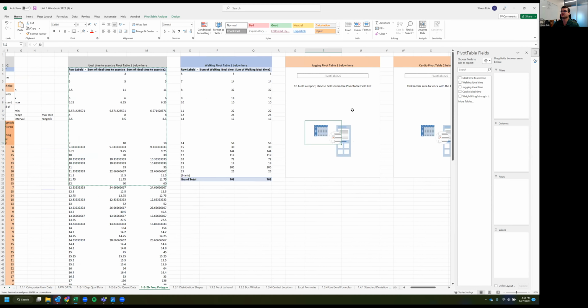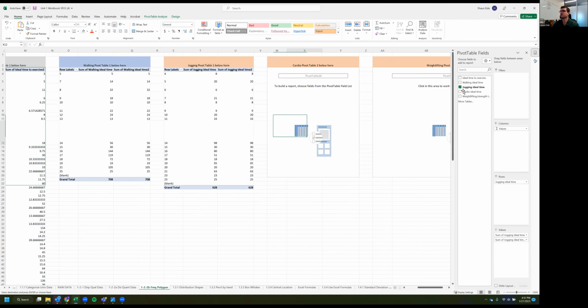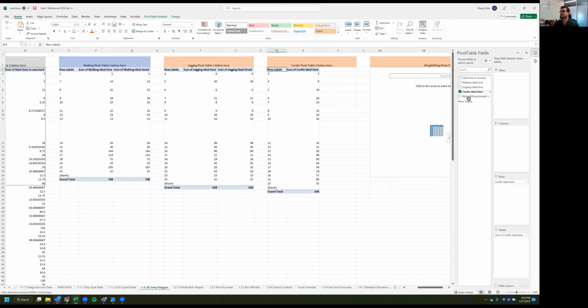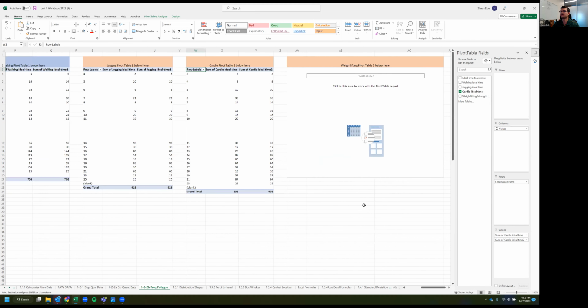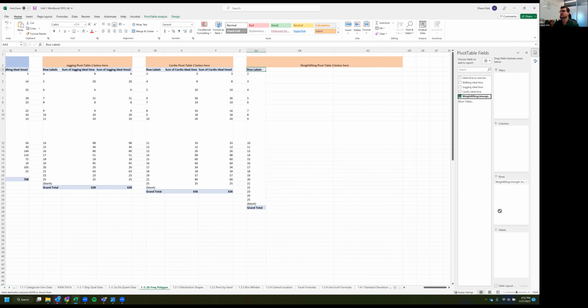And right here, we are doing jogging into rows and into values twice. And then cardio into rows and values twice. And last, weightlifting into rows and values twice.